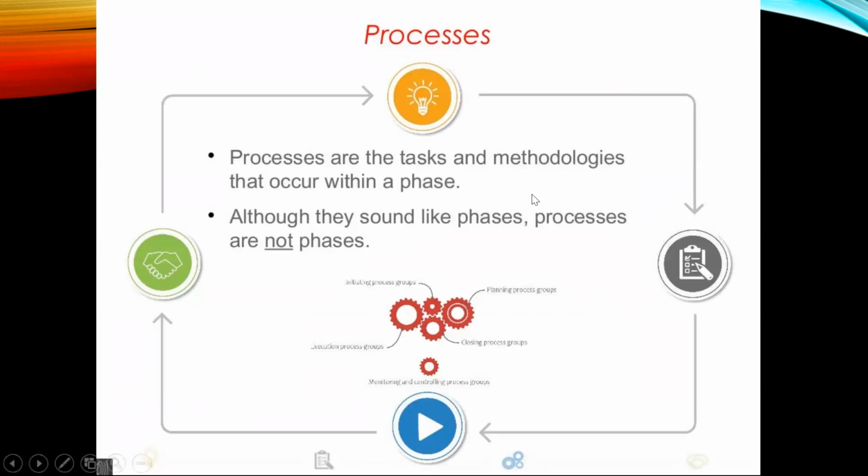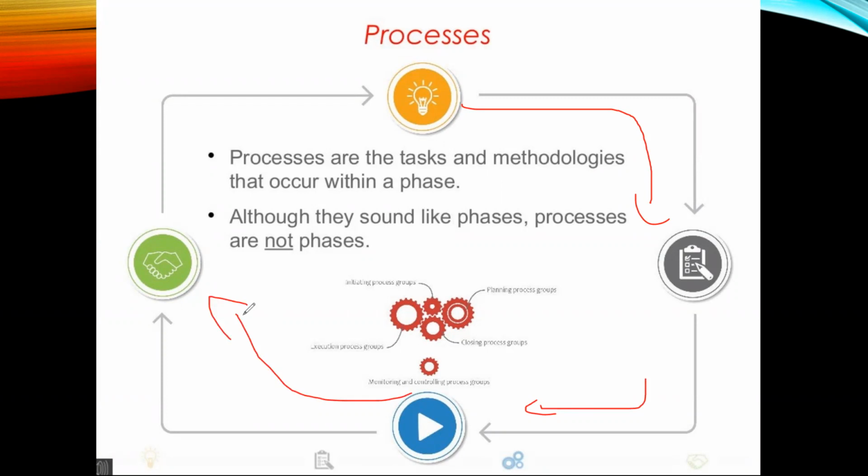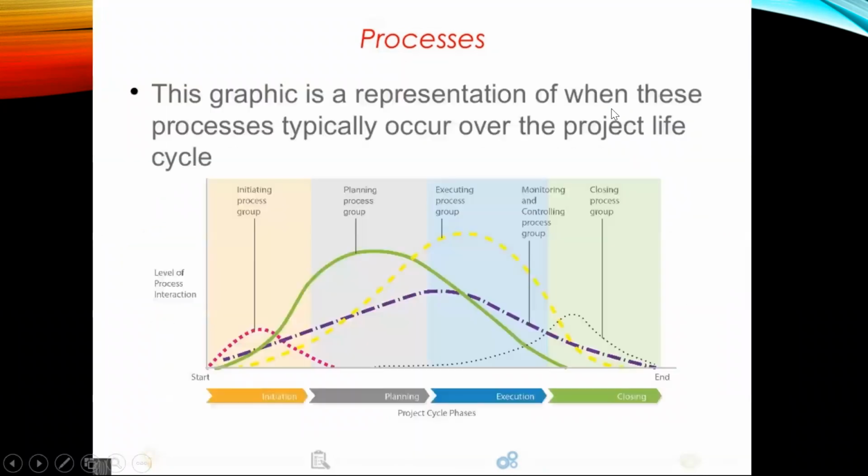This is how the phases go from initiation to planning, implementation, and then to delivery. We say that although they sound like phases, processes are not phases. This graph is a representation of when these processes typically occur on the project life cycle, at any percentage.